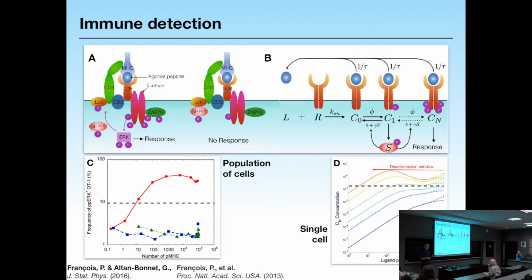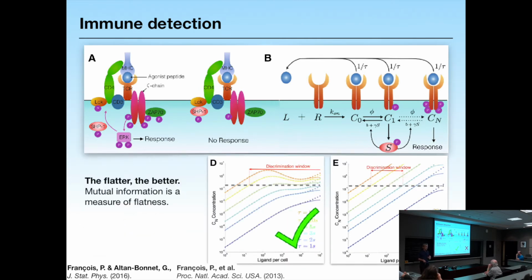So this means if there's no SHIP1 to help organizing the phosphorylation steps, there's only a very small discrimination window. If you would have like 1,000 of these self-ligands, they could potentially trigger the cell, and that is devastating. You can't have this. So we can now make a distinction between a good immune network and a bad immune network.